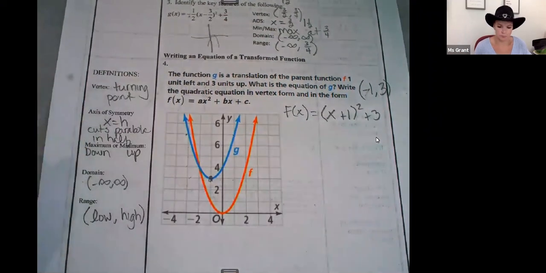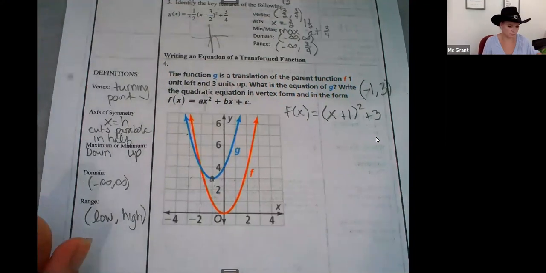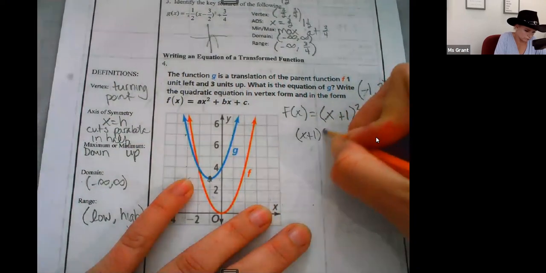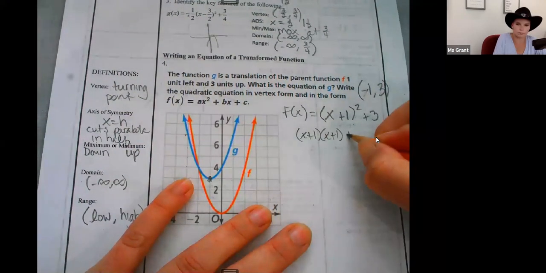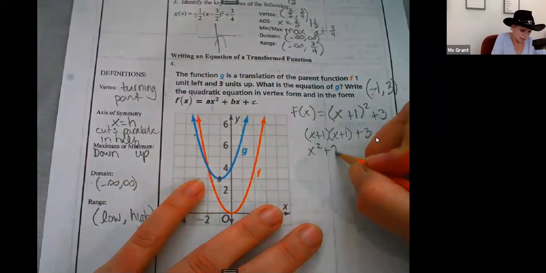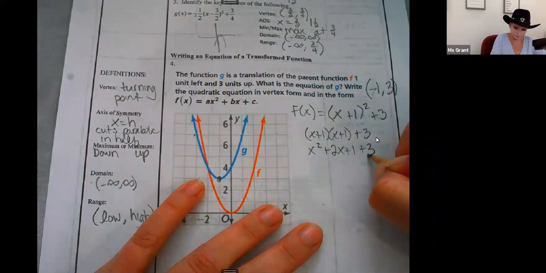Now standard form. Just FOIL the x plus 1, okay? x squared plus 2x plus 1 plus 3.